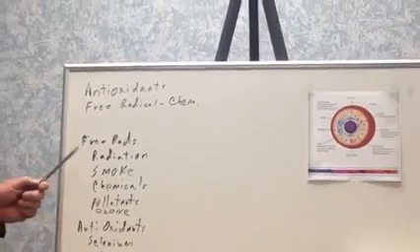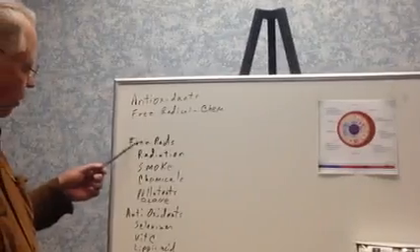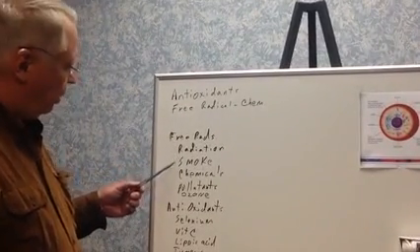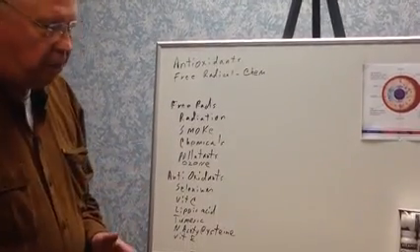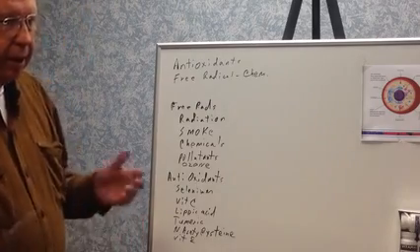Some examples of things that cause free radicals to form are radiation, smoke, chemicals, pollutants, ozone, and there are many other things too that can come into play, such as pesticides and drugs.